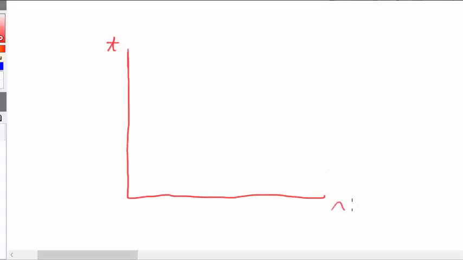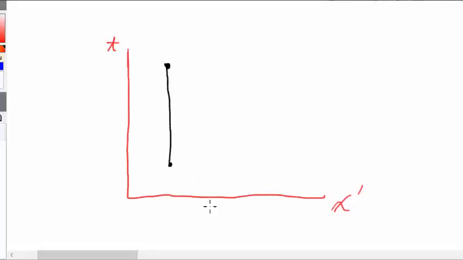I'll label this spacetime diagram with time axis t and spatial axis x prime. From this perspective, my journey from the chair to the coffee shop is not a journey at all. It is me sitting still while the world is passing me by.